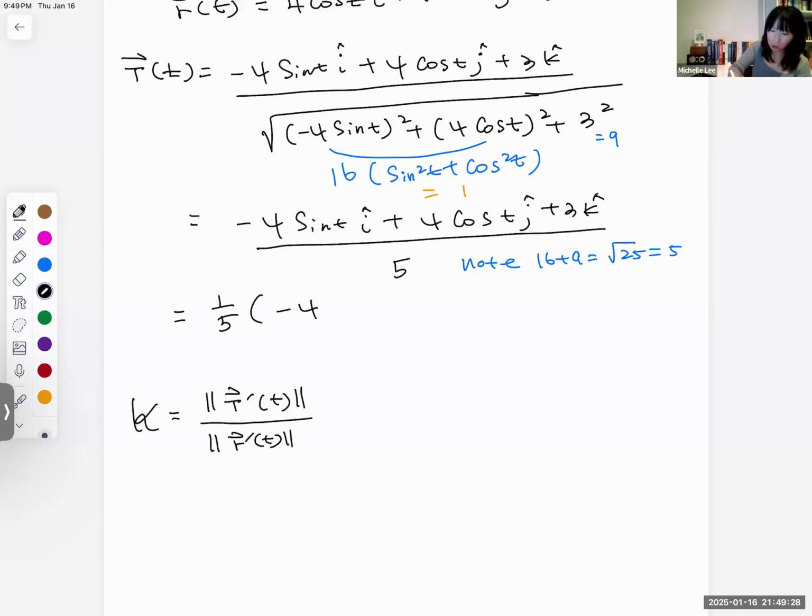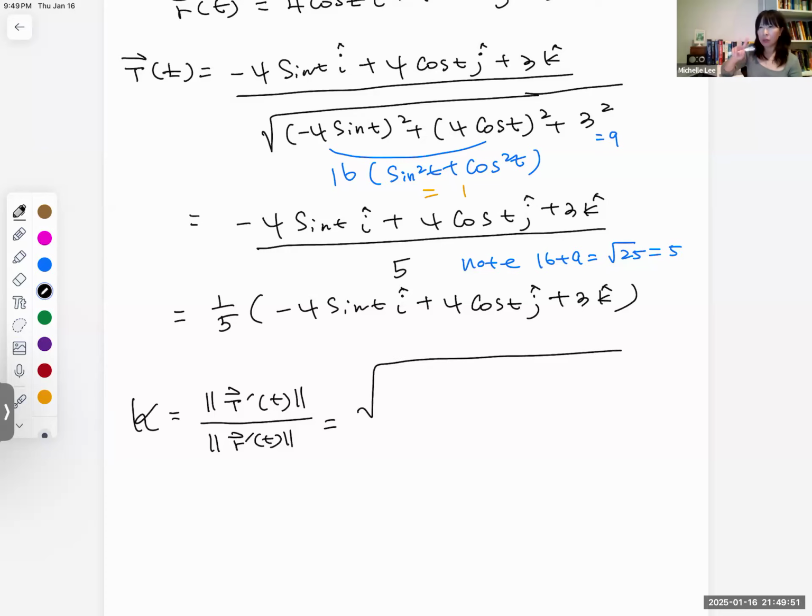Yeah, so negative 4 sine t i hat plus 4 cosine t j hat plus 3 k hat, right? Okay, now then derivative and then squared magnitude.